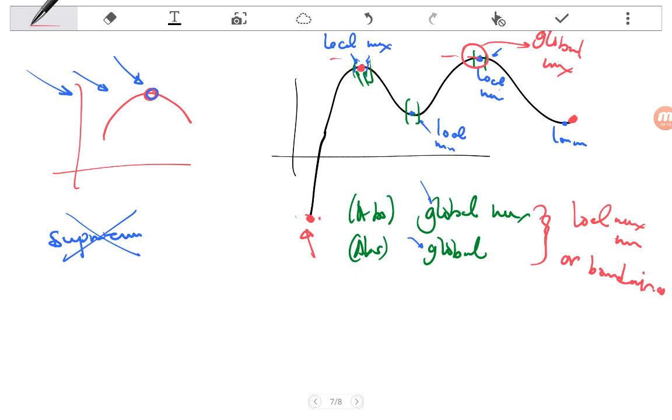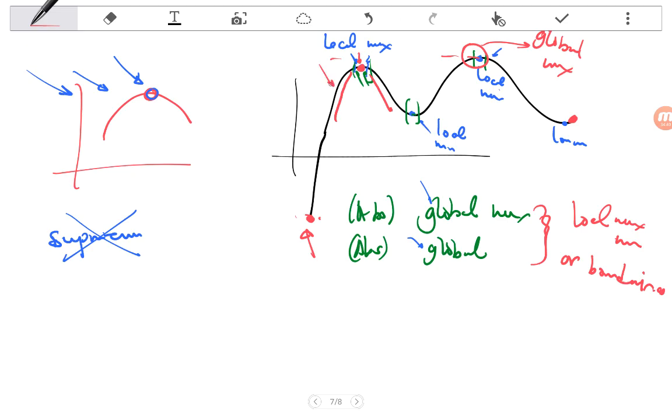There is a behavior of the function associated with a local maximum. For a point to be a local maximum, the function increases, then decreases. And the point where there is a separation is exactly my local maximum.